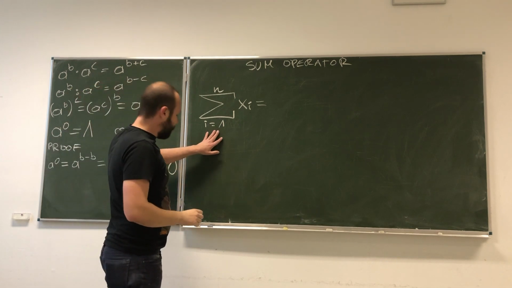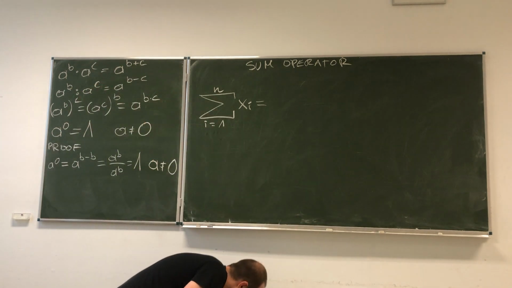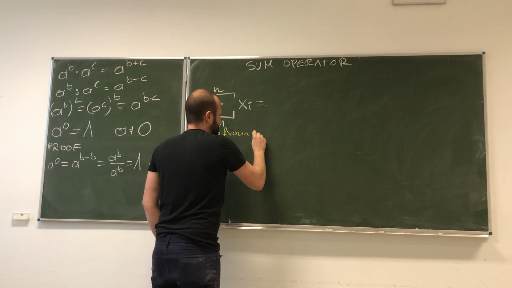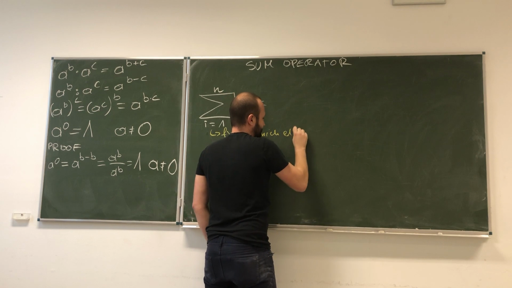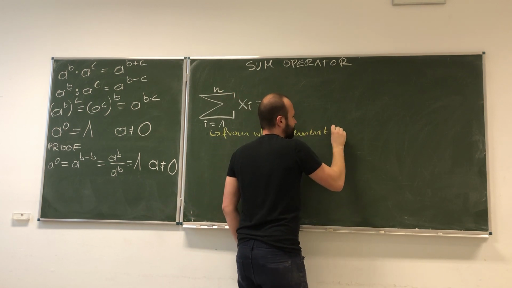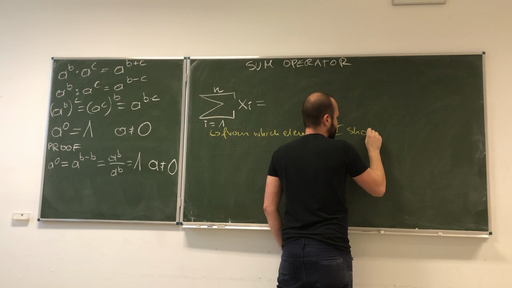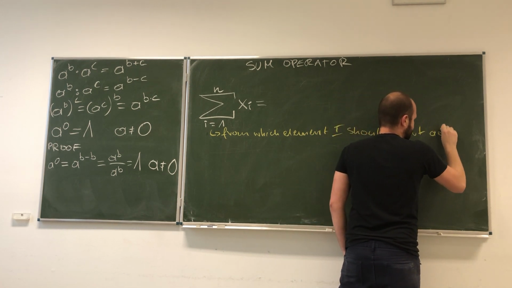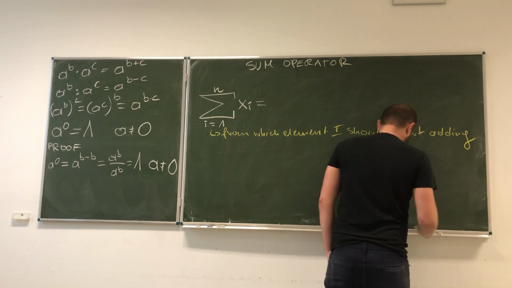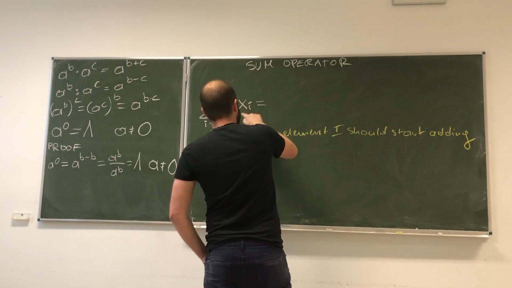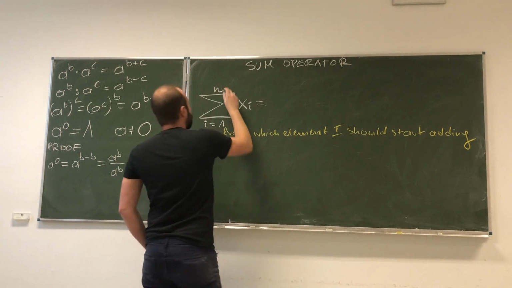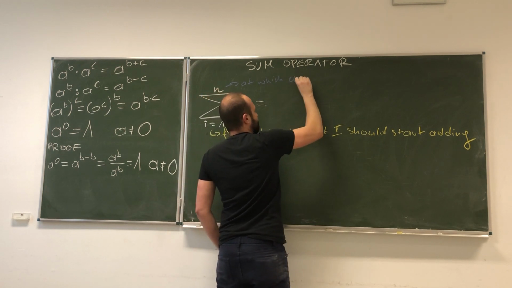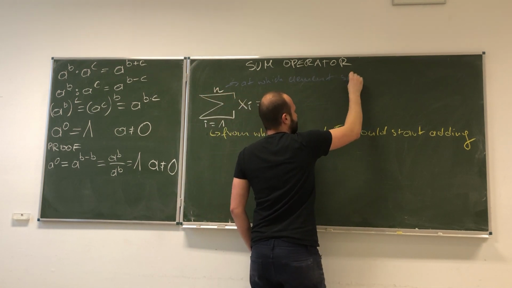And look, so how do we read this? This part tells you from which element I should start adding, and this element at the top is telling you at which element I should stop.